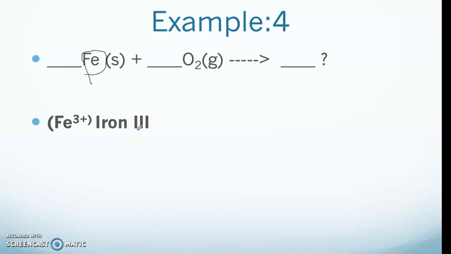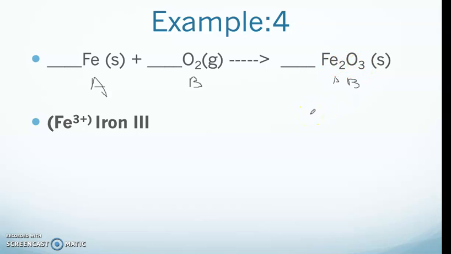So there's an iron 2 and an iron 3, but that doesn't matter at this point. Together, these can come together and form your new compound. What you have here is your A, which is iron, your B, which is oxygen, forming your AB over here, your Fe2O3.